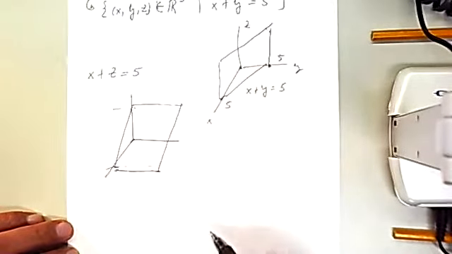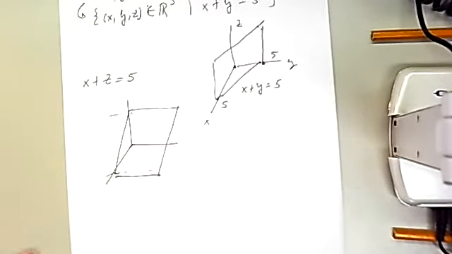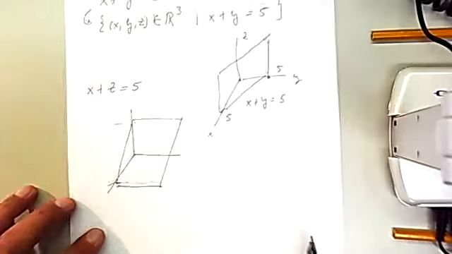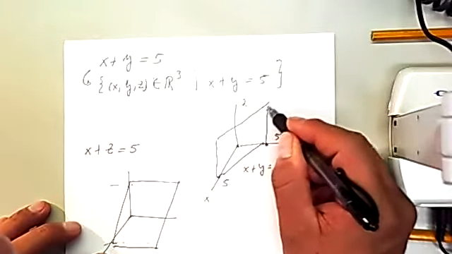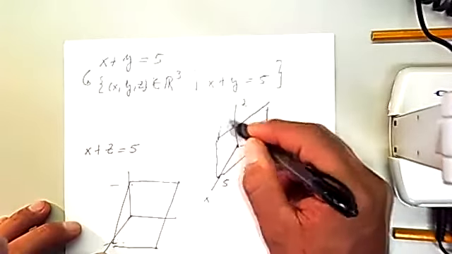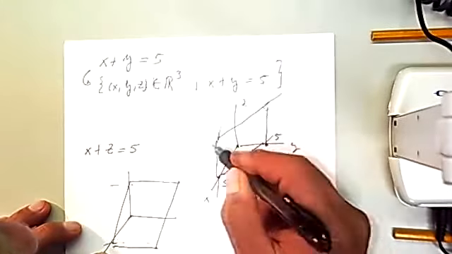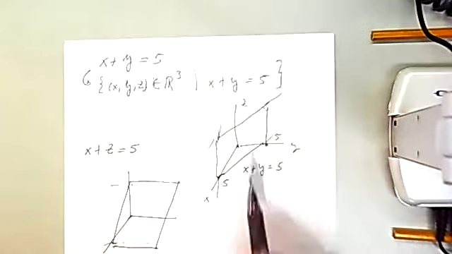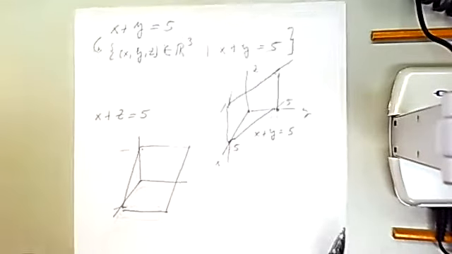We cannot draw the whole plane because the whole plane has no finite length. This is just the first octant, and not even the whole, because this keeps going up. So there's more to it than just what we are drawing. This is just a short representation of the plane, and so is this one.